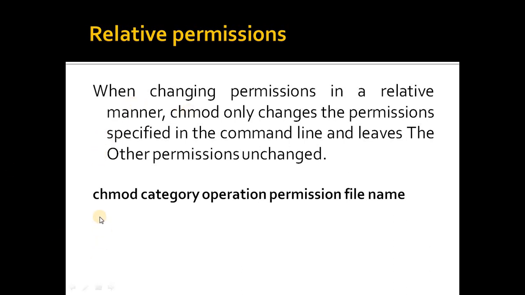What is the syntax? Chmod as it is, next followed by which category of users you want to change the permission for. Next is the operation, that is whether you want to add a permission, remove a permission, etc. And next is the permission, that is which permission, read, write or execute, and which file.